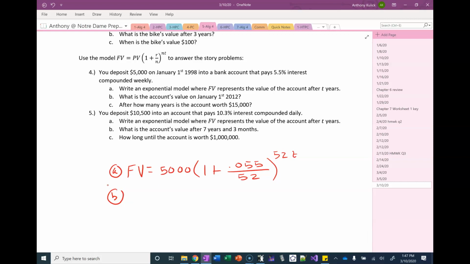So if I compare January 1st, 1998 to January 1st, 2012, that has been 4 years. So T is equal to 4. Oh, 14. Thank you. Yes, 14.